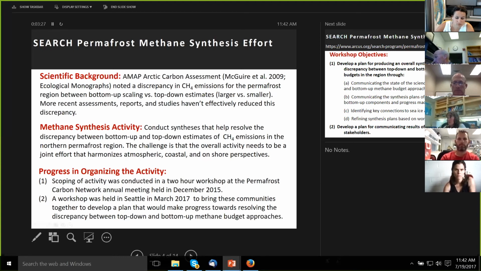So the progress to date in organizing the effort has been a 2-hour scoping workshop held at the Permafrost Carbon Network annual meeting in December 2015, and that led to the need to organize a workshop. We did organize that workshop, and it was held in Seattle last March to bring these communities together to develop a plan that would make progress towards resolving this discrepancy.